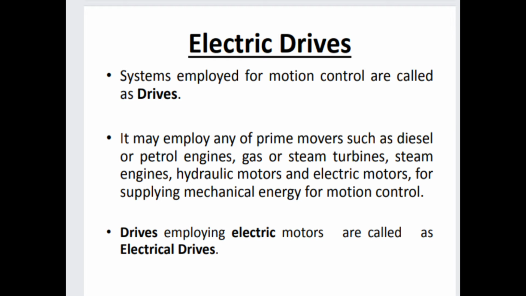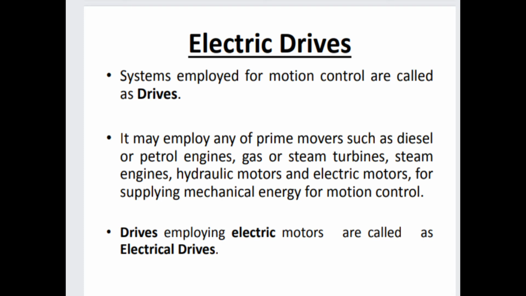Systems employed for motion control are called drives. It may employ any of the prime movers such as diesel or petrol engines, gas or steam turbines, steam engines, hydraulic motors and electric motors for supplying mechanical energy for motion control.